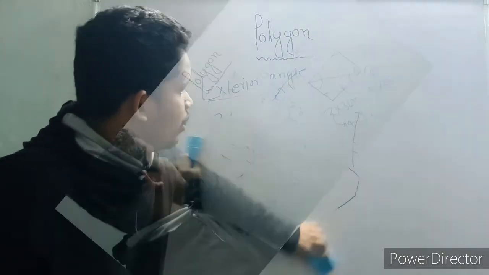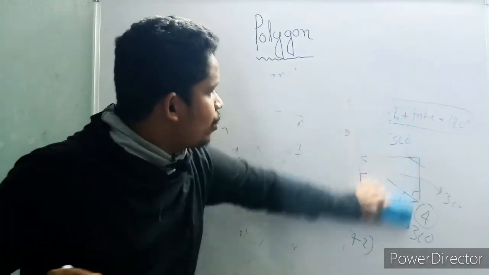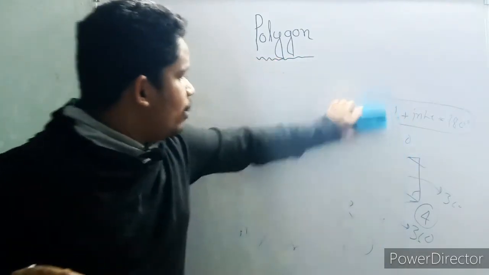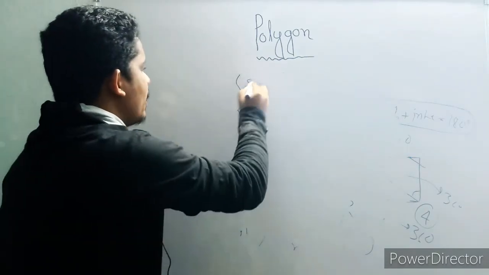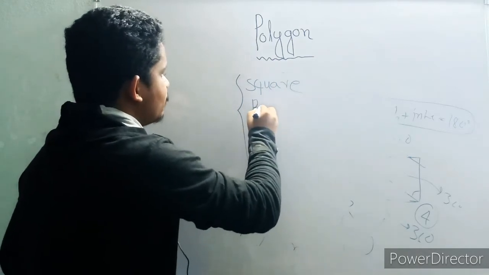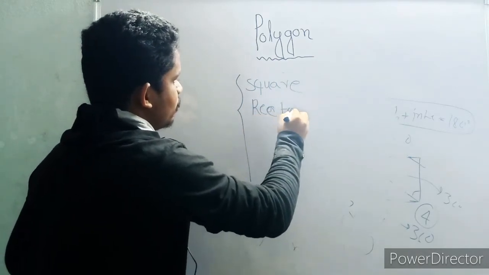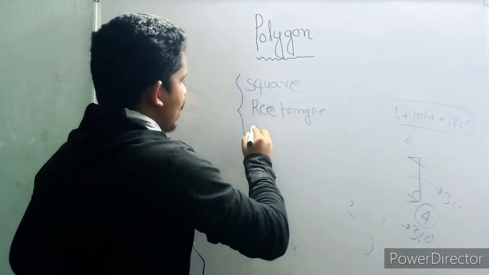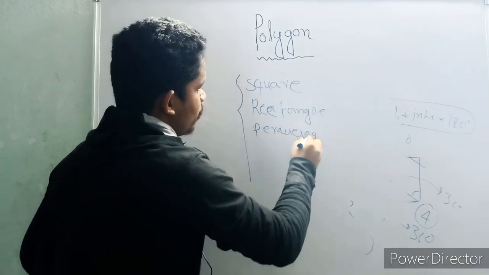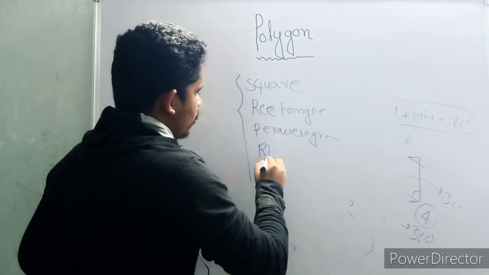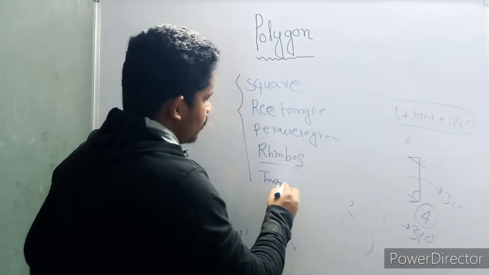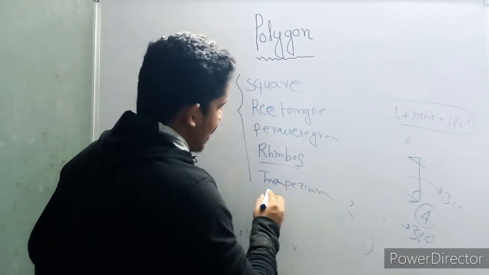So basically we will talk about quadrilaterals. When the term quadrilateral comes to our mind, we will talk about square and rectangle and parallelogram, rhombus and trapezium, and kites.